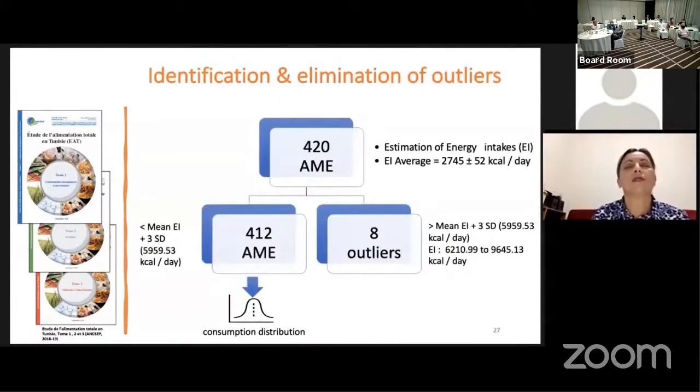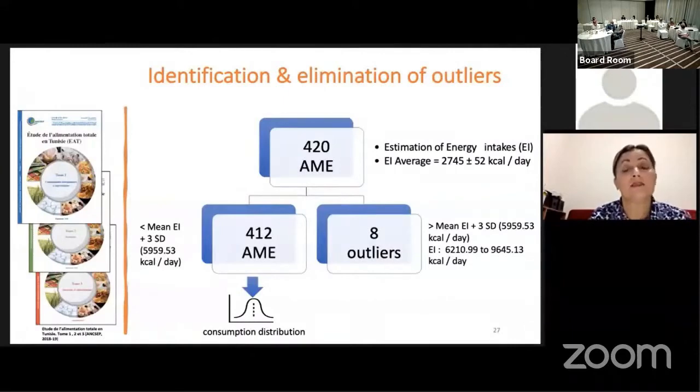After the transformation of the consumption data from household to adult male equivalent, we identify and eliminate outliers. For this, we estimate the energy intake for each adult male equivalent of the subsample that had been given by the National Institute of Statistics to our teams.